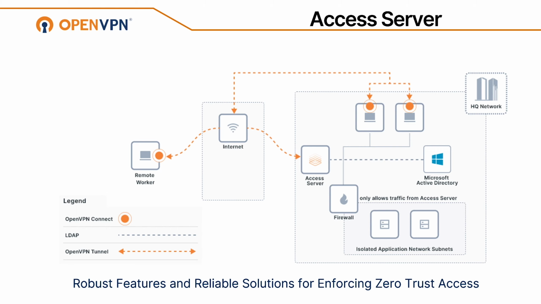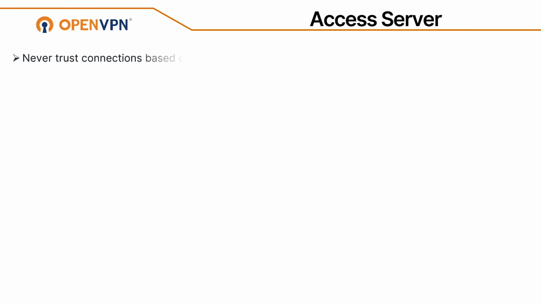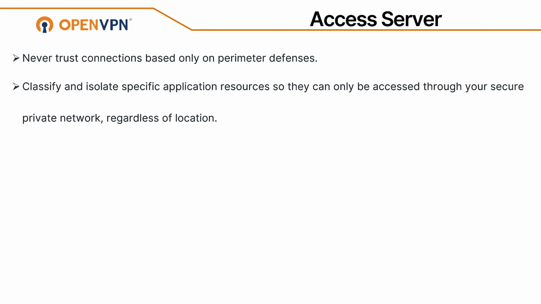So how do we do this? First of all, you never trust connections based only on perimeter defenses. We suggest identity-driven authentication policies, then enforce secure connections for specific application resources. Then classify and isolate specific application resources so they can only be accessed through your secure private network, regardless of the location.